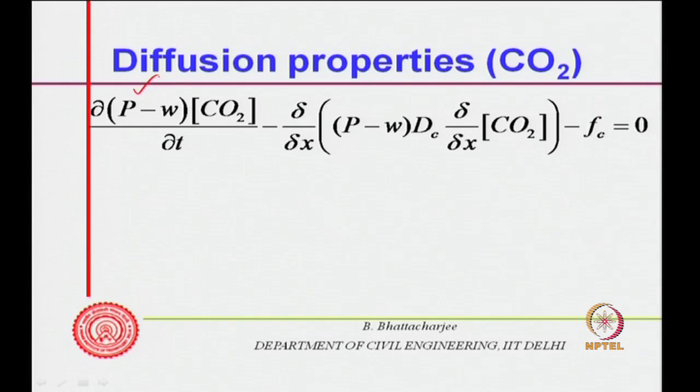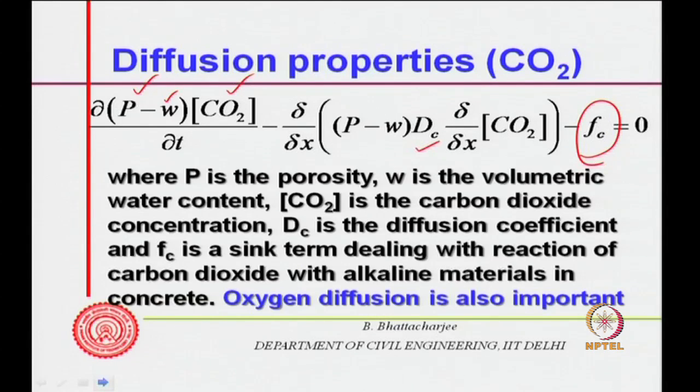For example, this is porosity, this is the water filled space or water content, carbon dioxide concentration and carbon dioxide diffusion coefficient. This is the sink, that is related to the alkali content of the concrete. So, where P is the porosity, W is the volumetric water content, C is the carbon dioxide concentration, D is the diffusion coefficient. This is a sink term dealing with reaction of carbon dioxide with alkaline material in concrete.